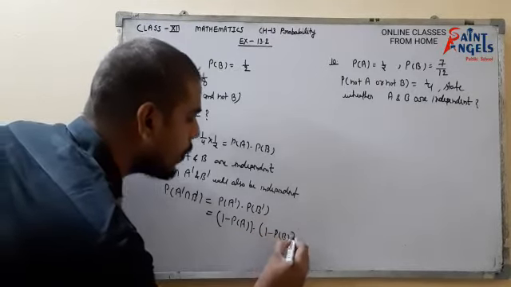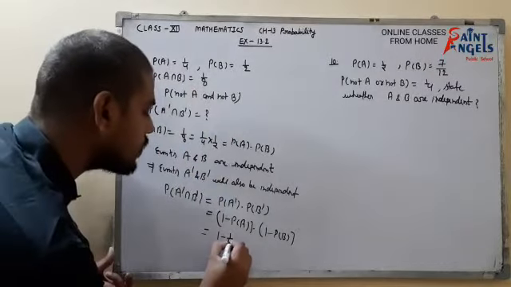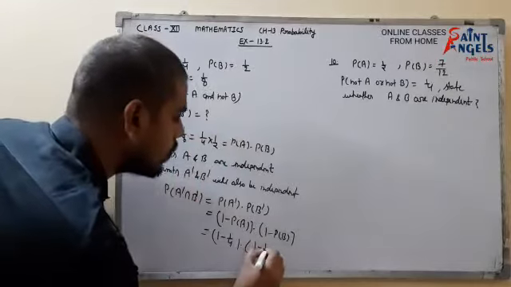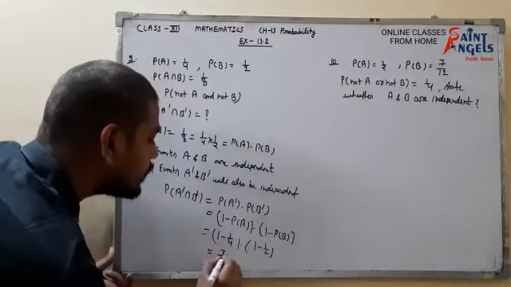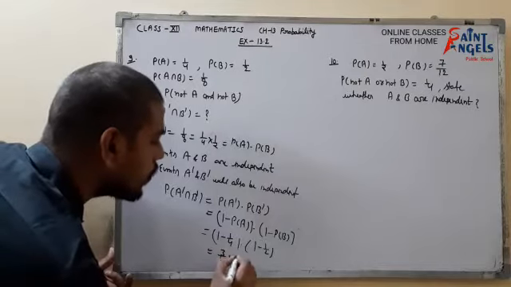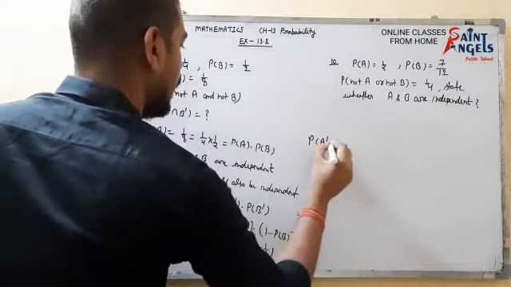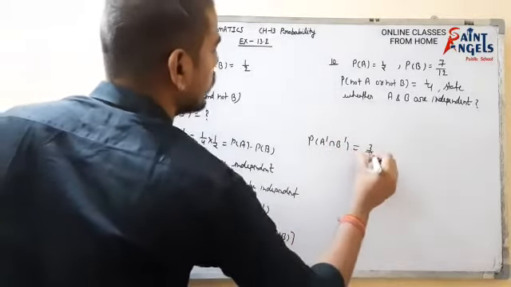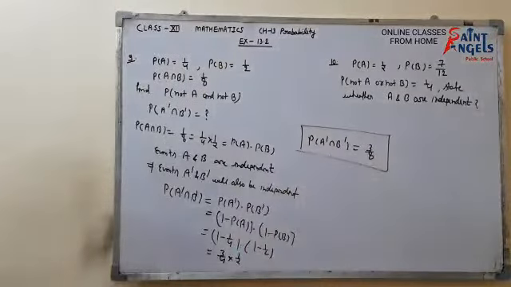We have both the probabilities. 1 minus P(A), P(A) is 1 by 4, so 1 minus 1 by 4 dot 1 minus P(B), P(B) is 1 by 2. So 1 minus 1 by 4 would be 3 by 4 into 1 by 2. So P(A naught intersection B naught) would be equal to 3 by 8. So this is the required probability. Very easy question. I hope it's clear.